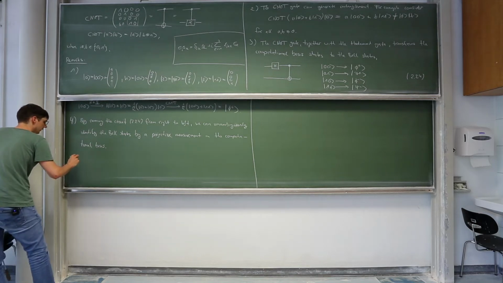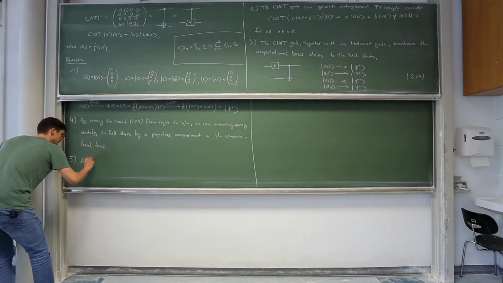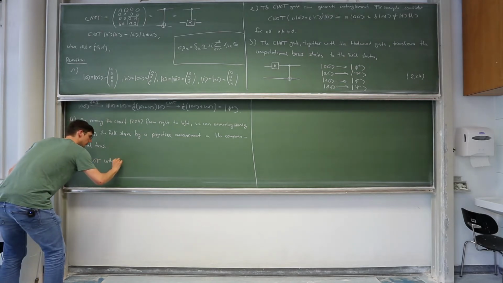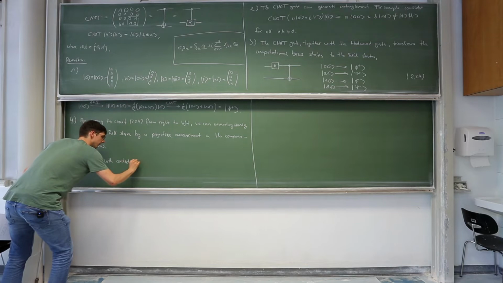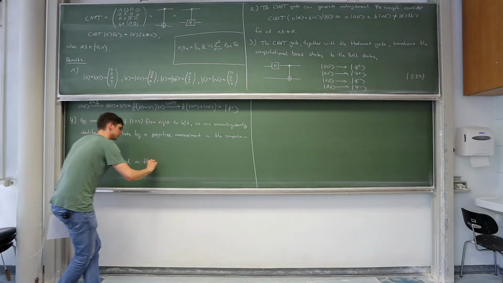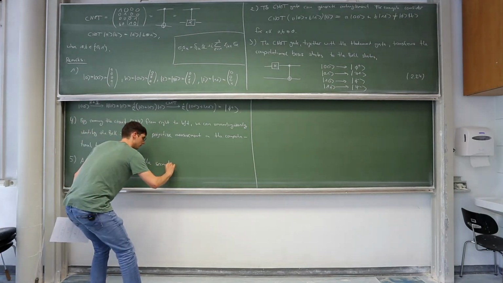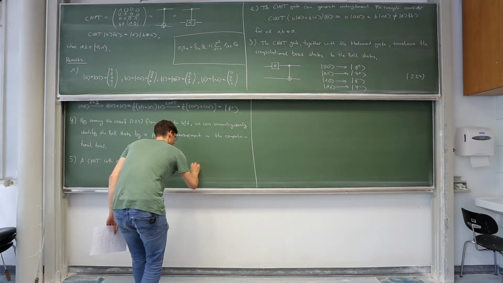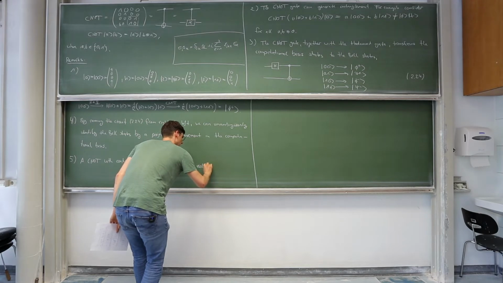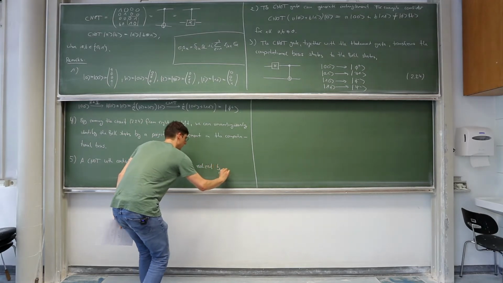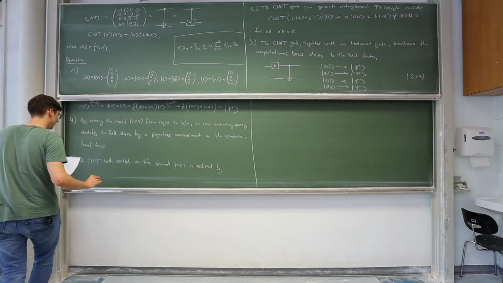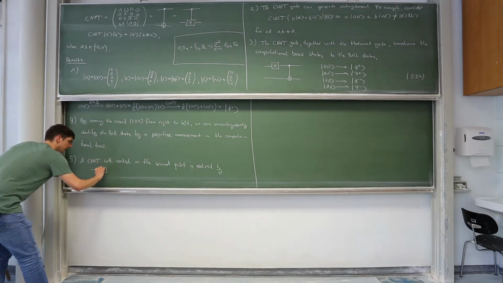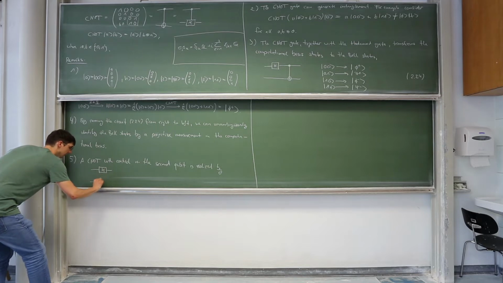So a CNOT with control on the second qubit is realized by the following circuit diagram, namely, first I have a Hadamard on the first qubit and a Hadamard on the second qubit.